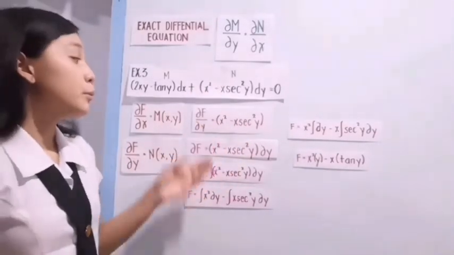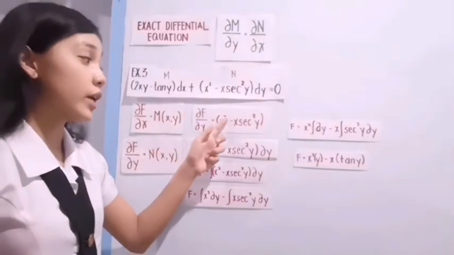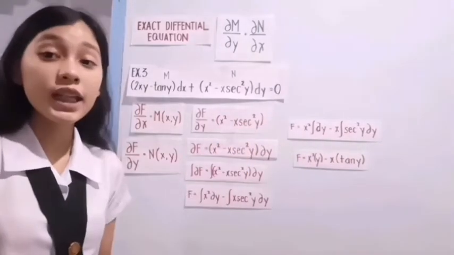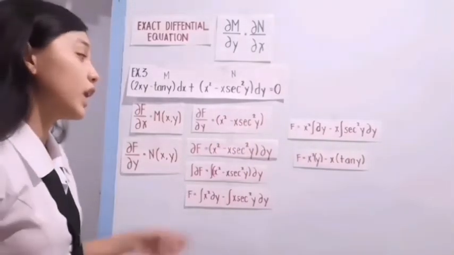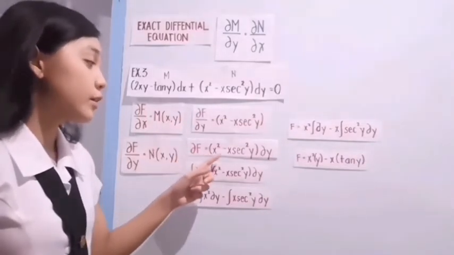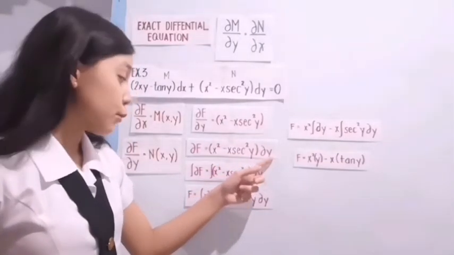Ang mangyayari ay partial derivative of f over y is equals to x squared minus x secant squared y. So, kagaya nung kanina nating ginawa, i-cross multiply lang natin. So, magiging partial derivative of f is equals to x squared minus x secant squared y partial derivative of y.